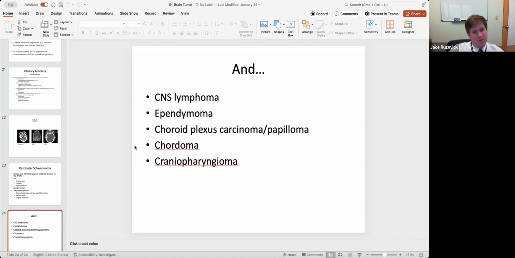There is a whole plethora of other tumors. Each of these deserves its own volume to go over. But just know that many other types of tumors exist. If you see them and you're at all concerned, or it's a new diagnosis, call a neurosurgeon or an oncologist to make sure that we get them worked up and the care they need.